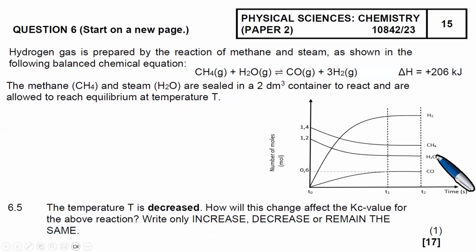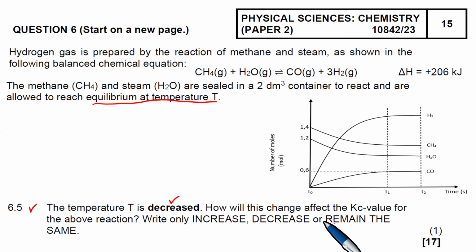Now there is a change here, and the examiner is saying the temperature T is decreased. There's an equilibrium temperature that we recorded, but now the examiner is saying the temperature is made smaller. Somebody decreases the temperature. They make the system colder than before.